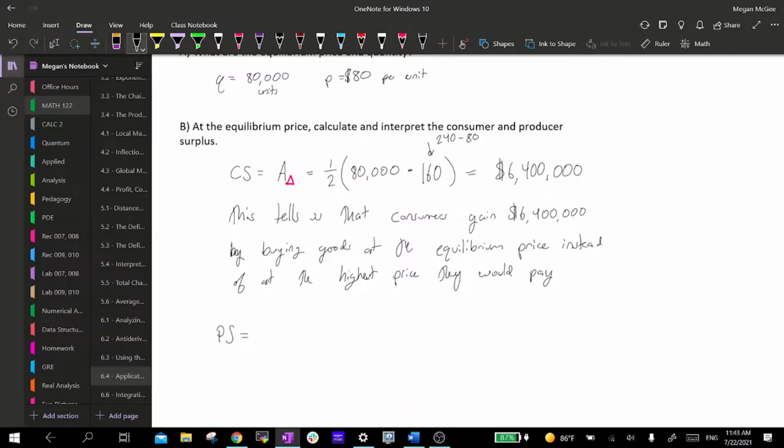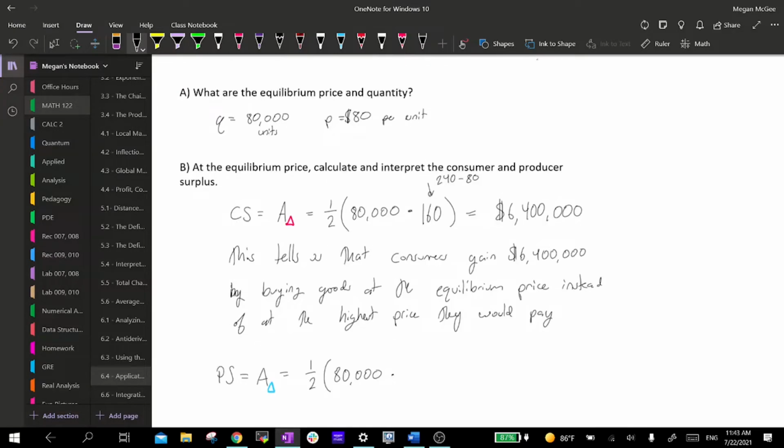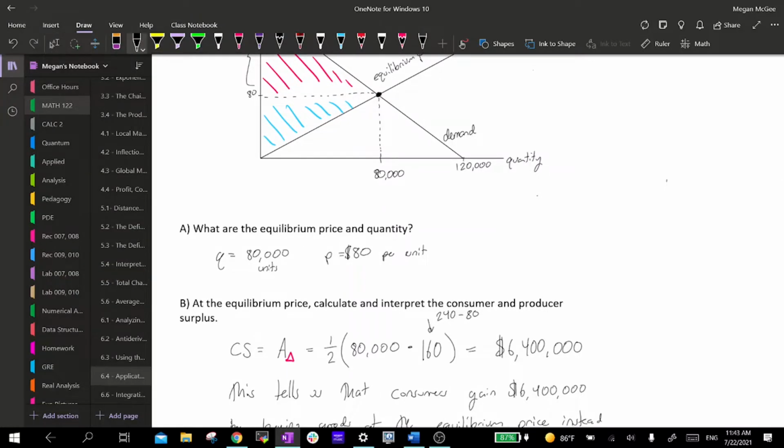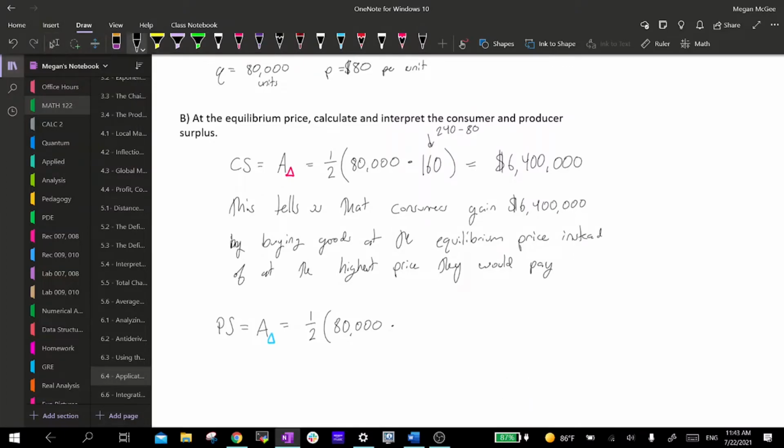So we need the area of our blue triangle, which is going to be 1/2 our base, which is the same base, it's 80,000, times our height, and this time the height is 80. This is our total height here. All right, so 80,000 times 80, 1/2 of that, and we get 3,200,000.